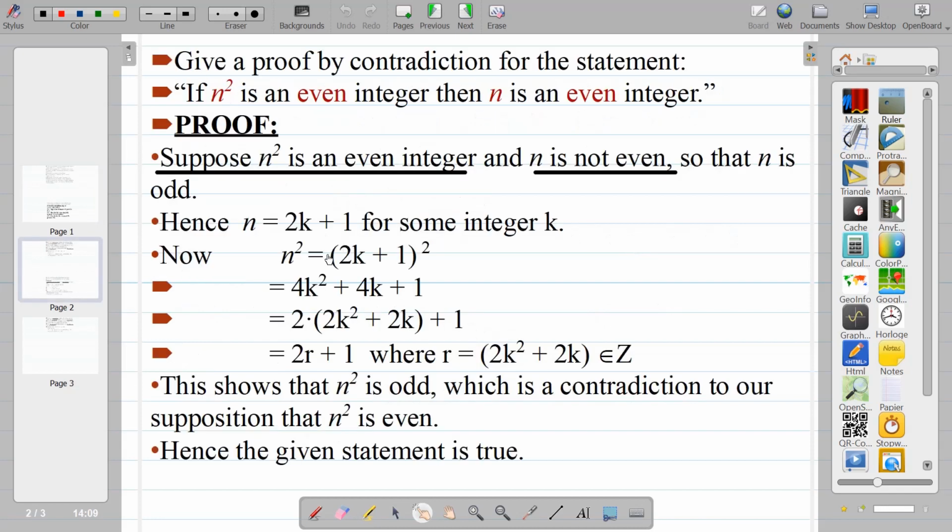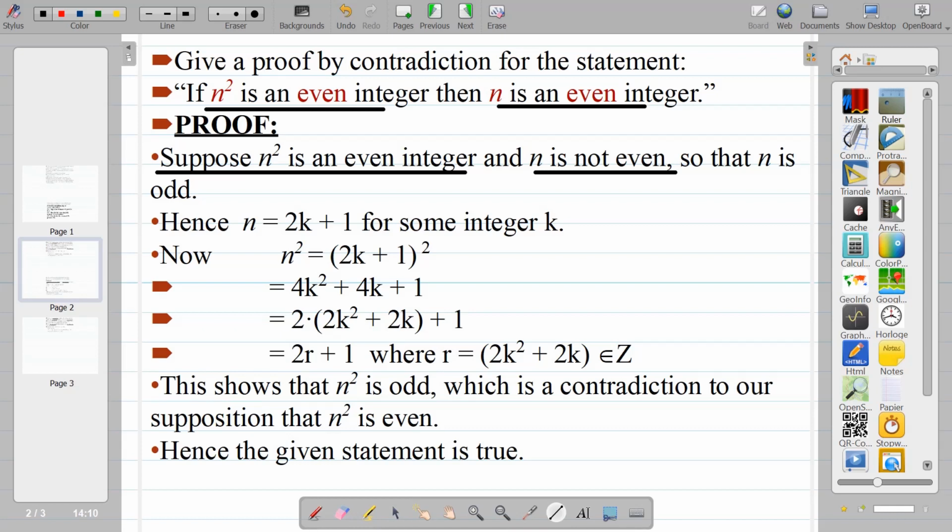So for example, give a proof by contradiction for the statement: if n squared is an even integer, then n is an even integer. That's what we want to prove. So by proof by contradiction, first we have to give a supposition that the given statement is false.